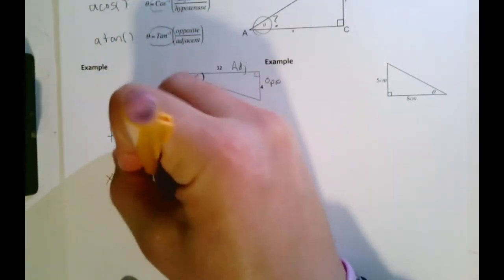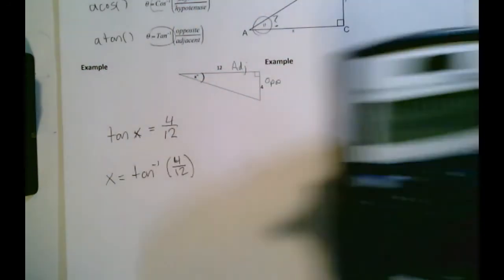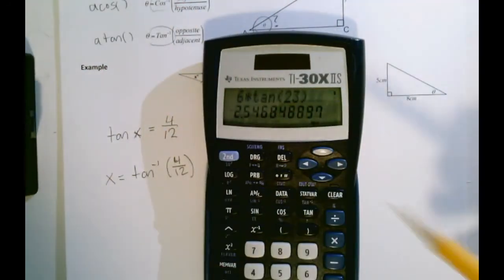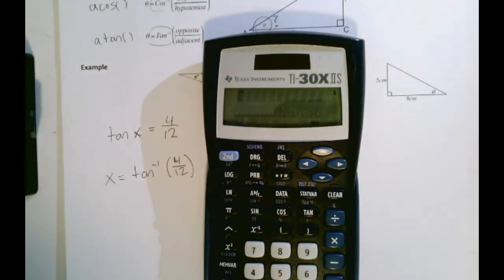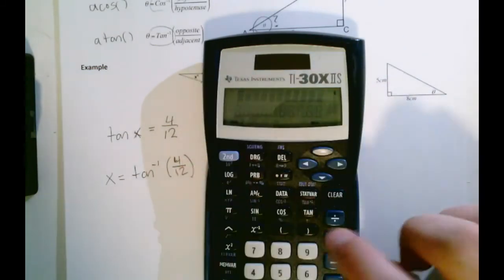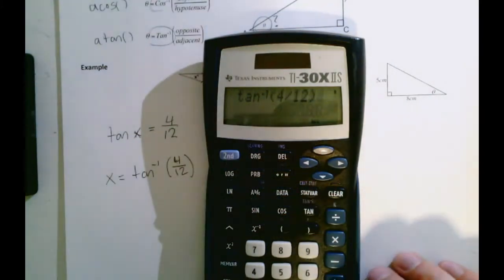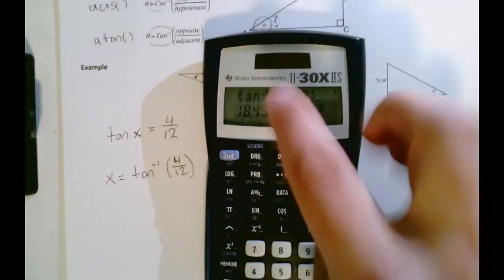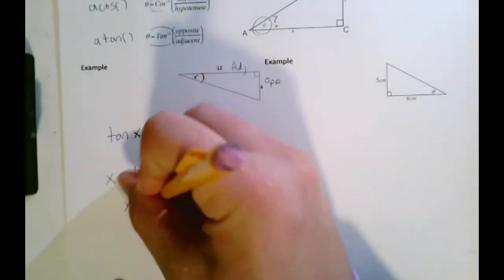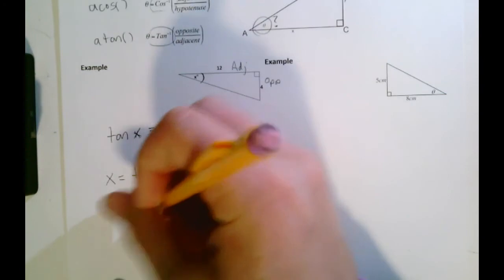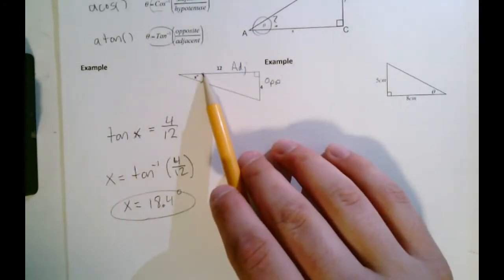So x is going to be equal to tan inverse of 4 over 12. Now let's see it put into the calculator. You're going to notice here, this is the tan button, but right above it is the tan inverse. So to get to that value, I'm going to hit second and then tan, and put 4 over 12 inside. This is going to give me the angle measure of 18.4, as you can see here. So x is equal to 18.4 degrees.